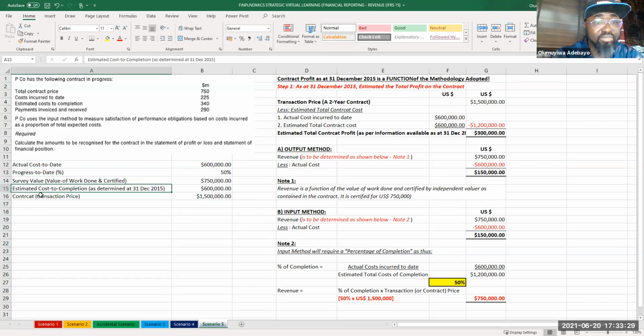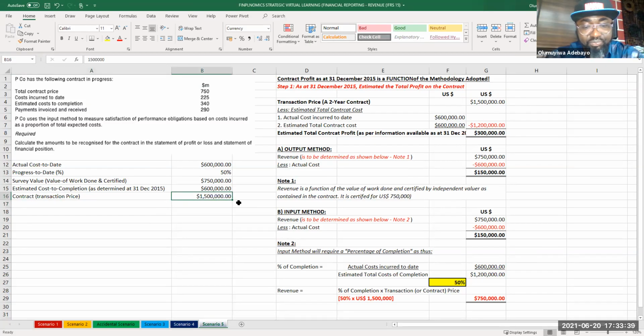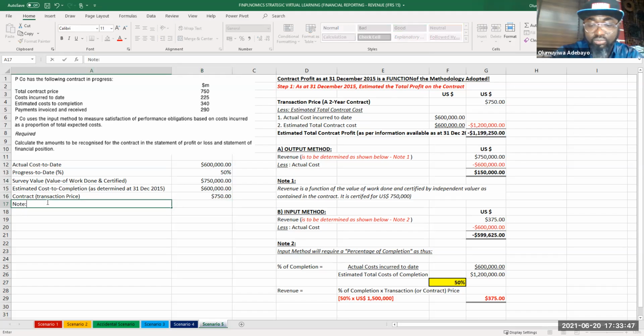What is our total contract price? Total contract price is 750 million. All figures in millions. Note. All figures in millions of US dollars. Let's take note of that.